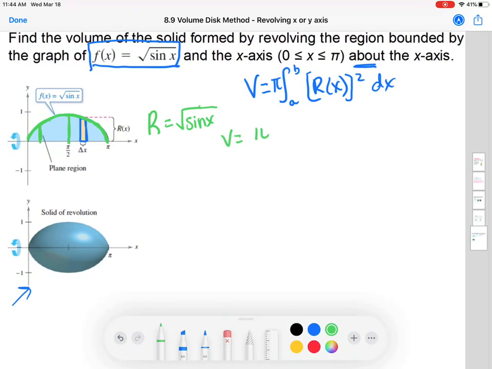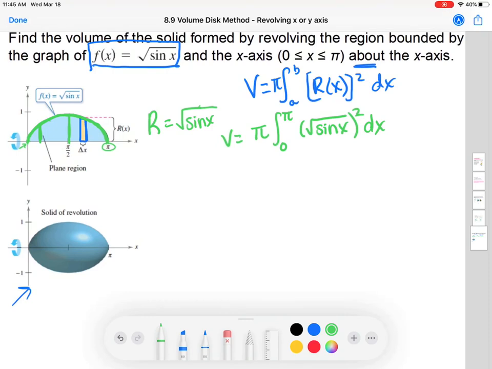So to figure out volume, we're going to have pi times the integral a to b. Those are our limits of integration, and they are intersection points. So we're starting down here at 0, and we're ending here at pi. So my integral is going to go from 0 to pi. And we said our radius was the square root of sine x dx, but I gotta square it because it's pi r squared.